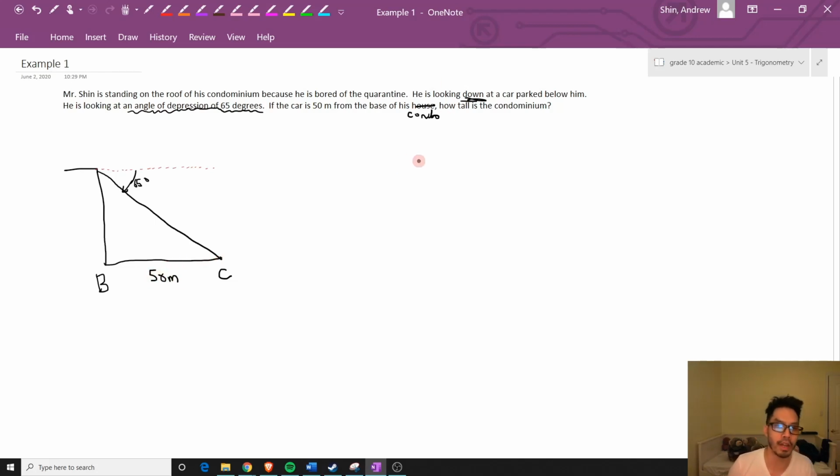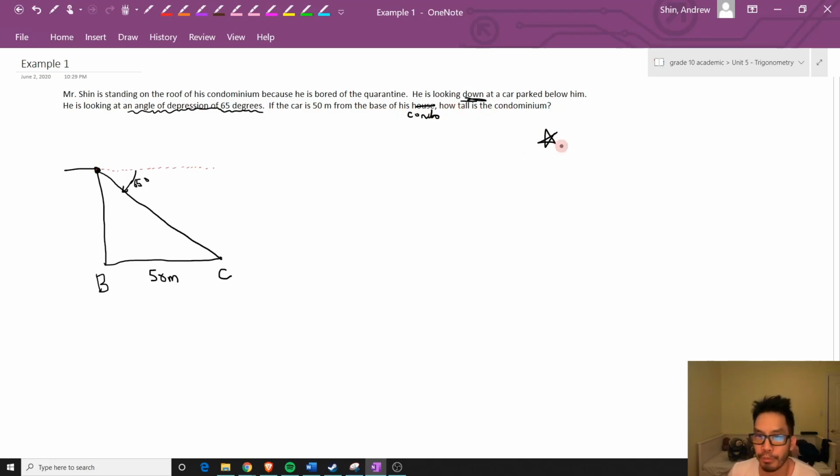Now, there's a couple of assumptions I made here. I'm on the roof of the condominium, but I guess I've assumed that this is my eye here, and I'm kind of lying down on the roof. And I'm going to be doing that in order to figure out how tall the condominium is.